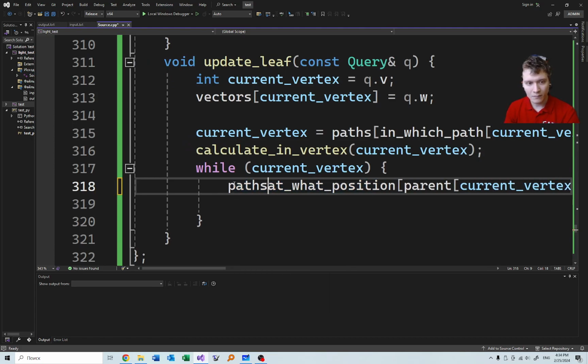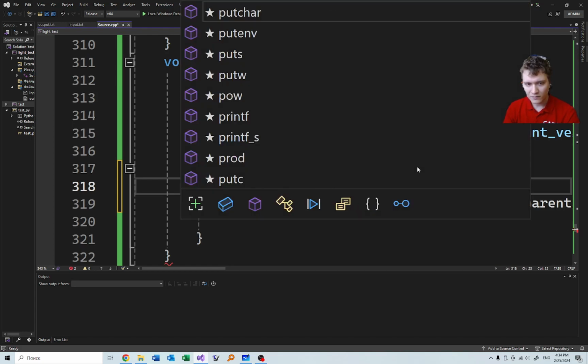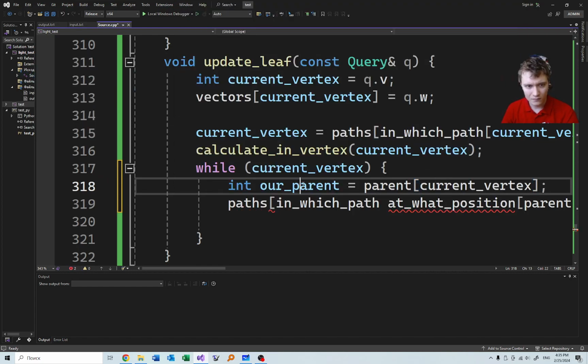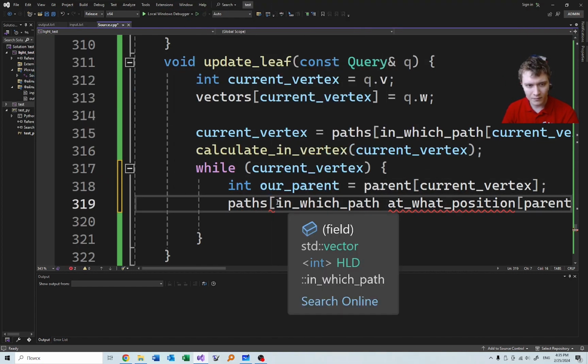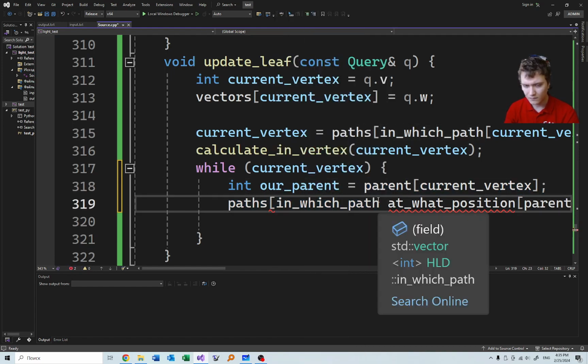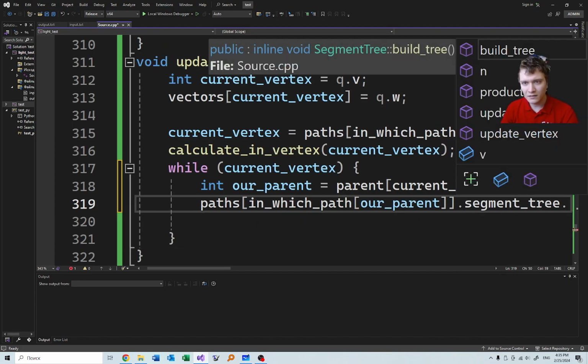Okay, let's make a temporary variable. Our parent equals parent of current vertex. So we need to take paths of our parent, take its segment tree and update it.